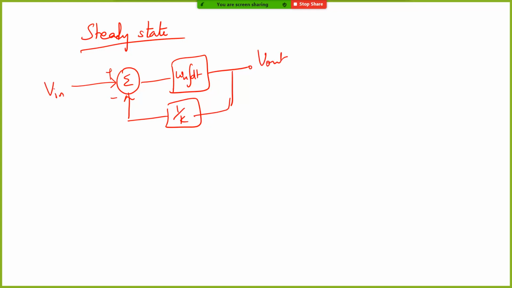So what will be the steady state response? Let's say there is some step input or whatever it is. At the end of the day, what will you get? This integrator will keep on integrating.